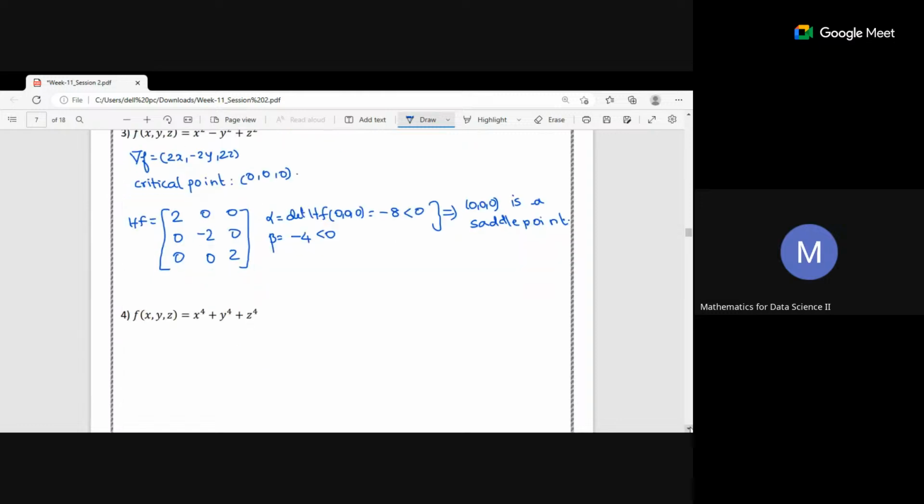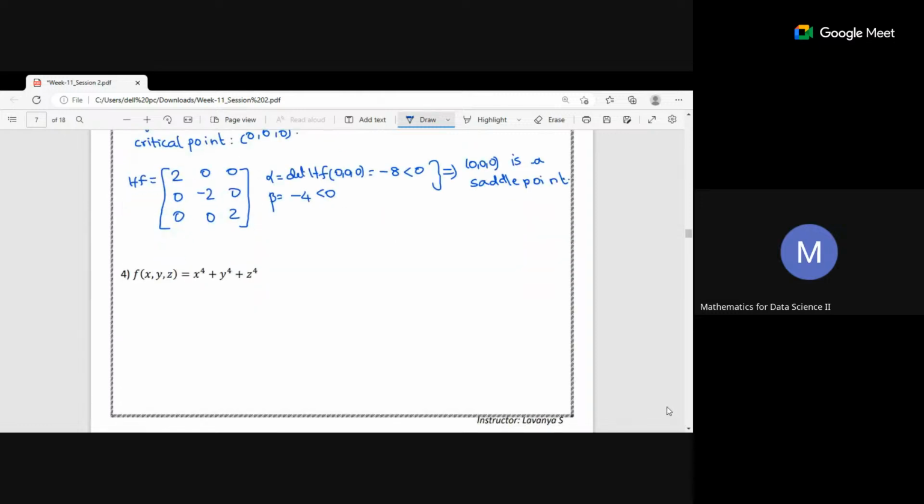Okay, fine. So here we have another example. Here also the critical point is nothing but (0, 0, 0) only. Now for this, what is the Hessian matrix? 4, 0, 0, 0, 4, 0, 0, 0, 4.